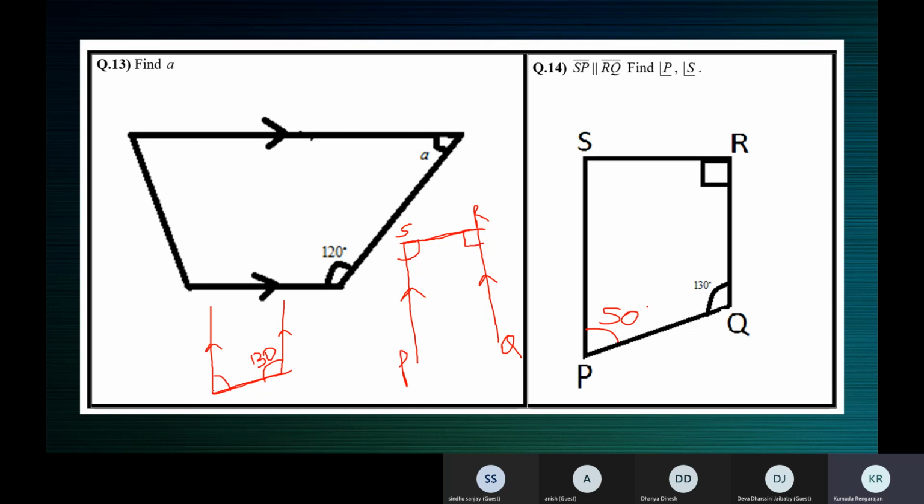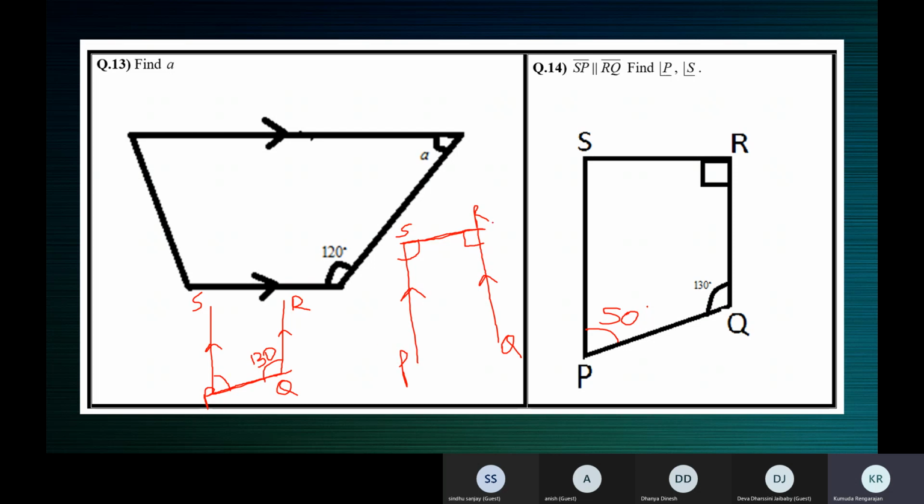We used PQ as a transversal here, and the parallel lines are the same, SP and RQ. We have only one set of parallel lines. When you take PQ as a transversal, you can find angle P, 50 degrees.